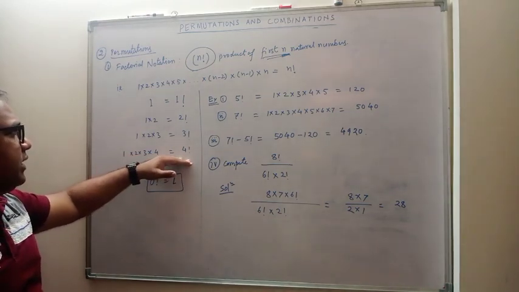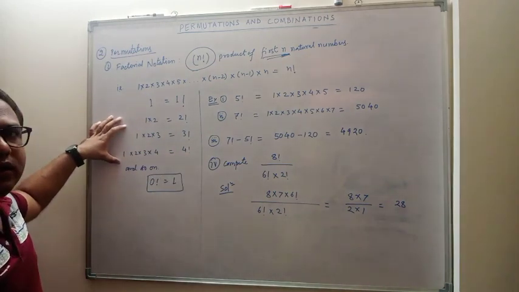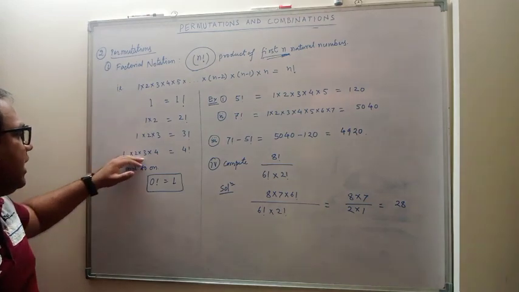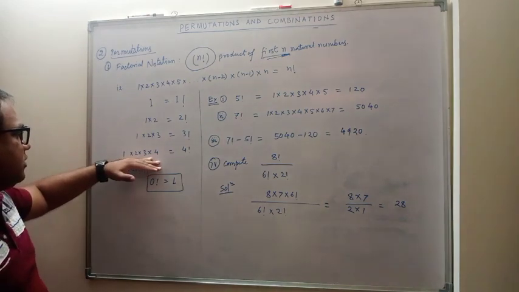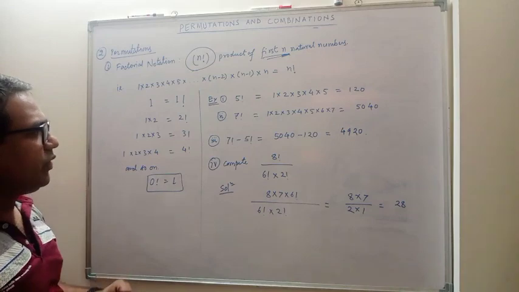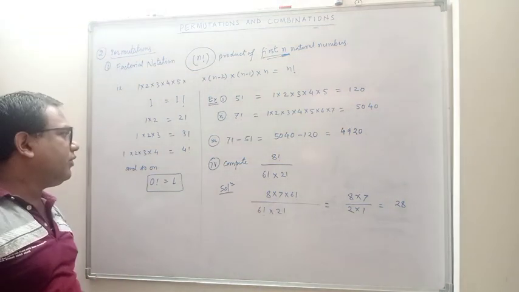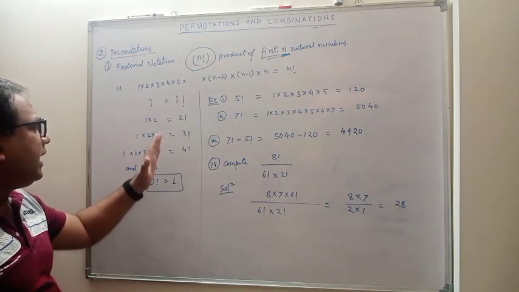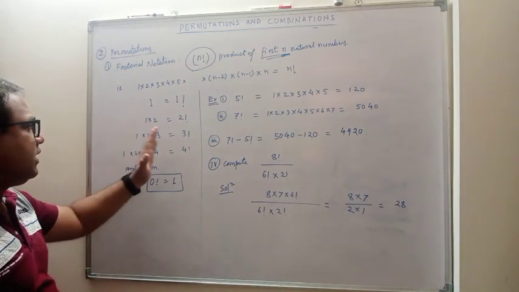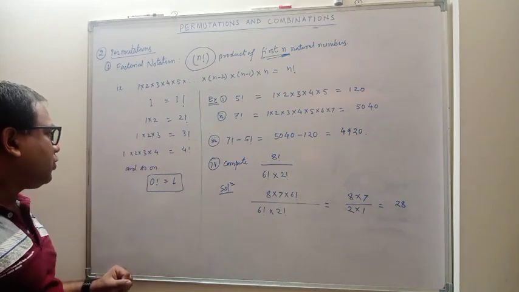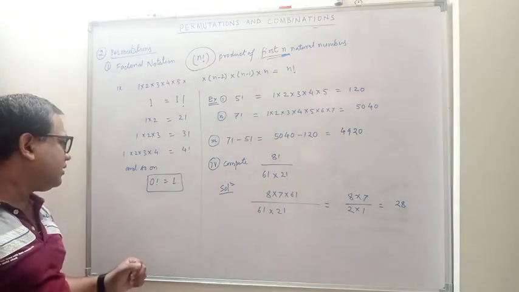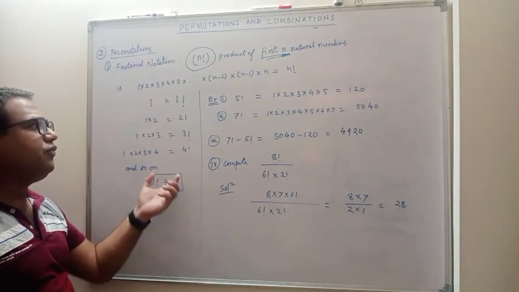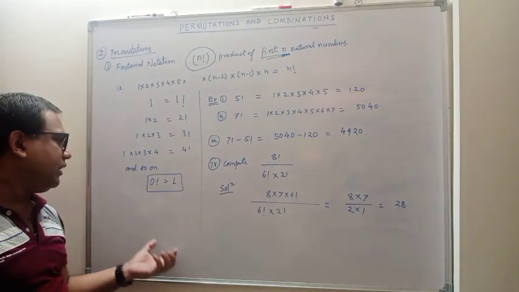What we have done here is write it starting from 1, so it looks like this. But whenever we are solving problems, we write from this side, the reverse side. Later on in the questions we will solve in that manner only. We will write factorial 5, factorial 6, 7, 8, 9, 10, everything.